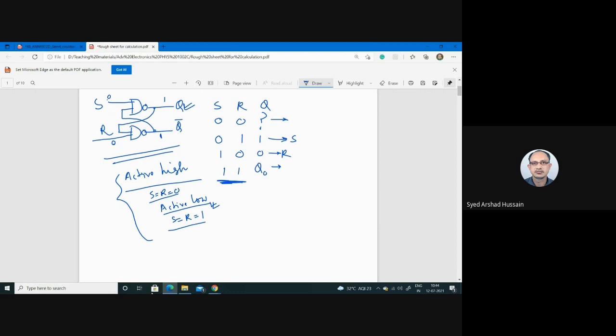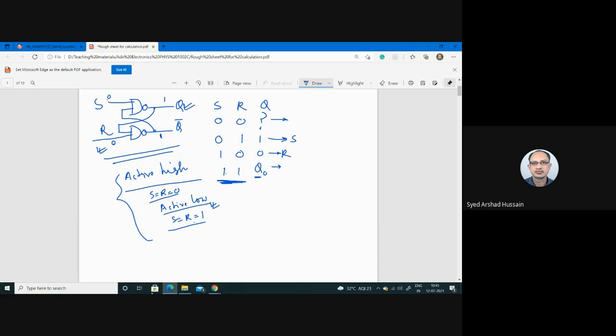So inputs are kept in such a way that the output does not change. In this circuit, in resting condition, the inputs should be 1 1. As soon as you make either of these two inputs 0, or low state, your output will change. So this is an active low circuit.